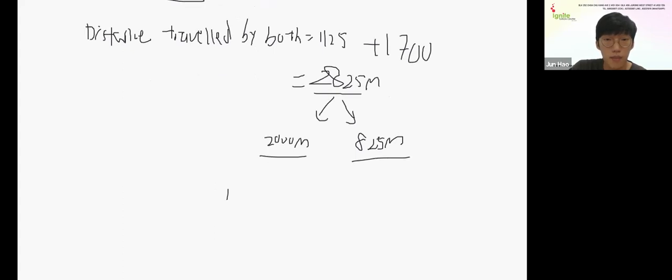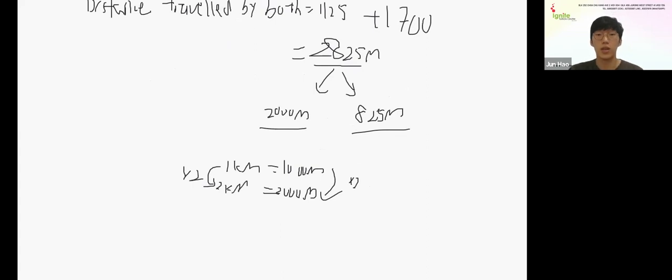Okay, 825 meters we leave, and we convert the 2,000 meters. Remember, 1 km is equal to 1,000 meters. So if you have 2,000 meters here, it will be times 2, right? From here, the right side times 2, my left side also must times 2. All right, 2 km equals 2,000 meters.